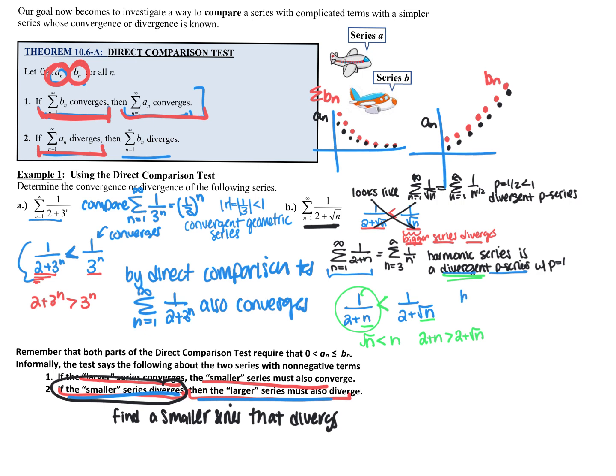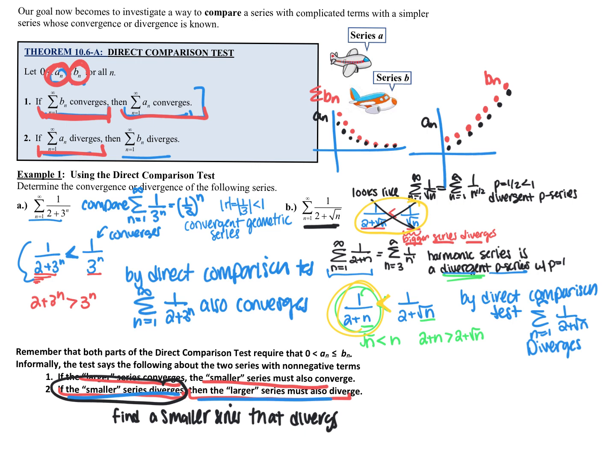So here we would say by the direct comparison test, our series n equals 1 to infinity of 1 over 2 plus the square root of n diverges. So it does exactly what we thought it did. We just had to find a series that was smaller and diverged. And this one did not work because it diverged, but it was bigger.